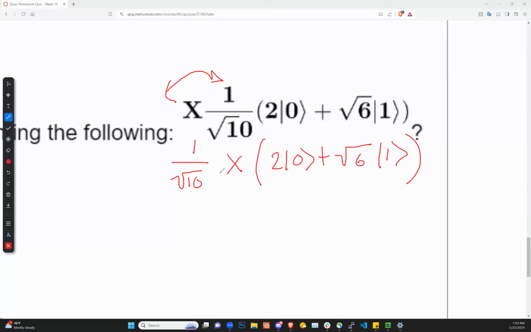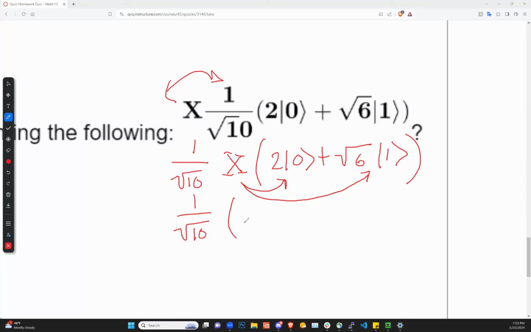And let me put fancy things on the x so we can tell it's an x and not just me multiplying. But now we can distribute the x. So I'll apply the x gate here, and I'll apply the x gate here.